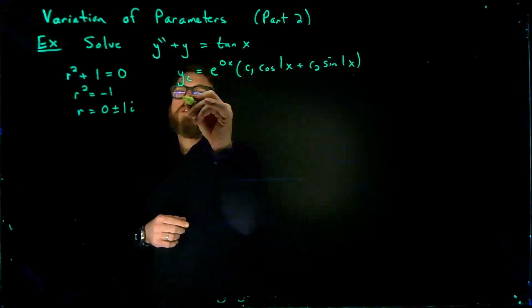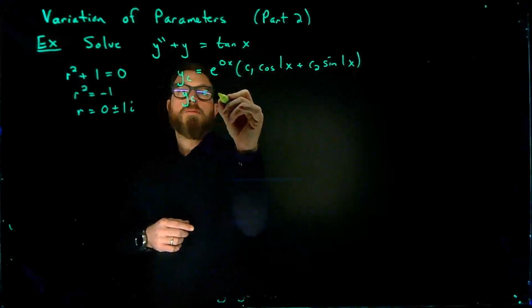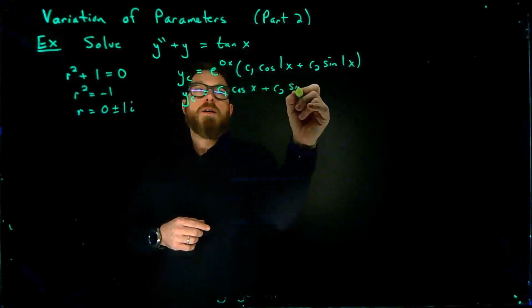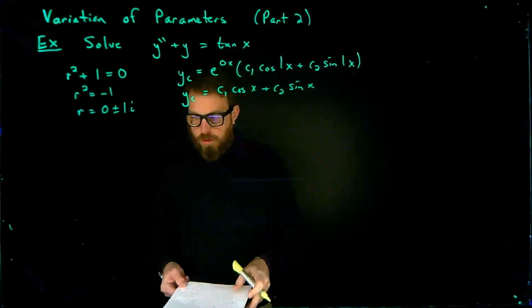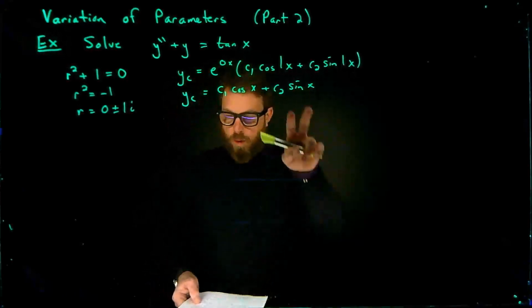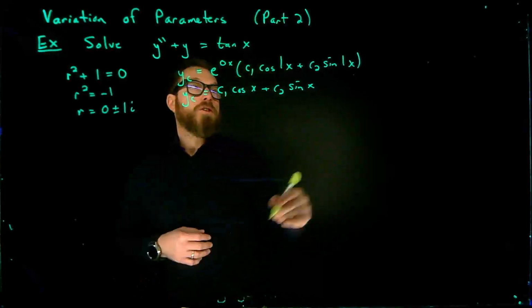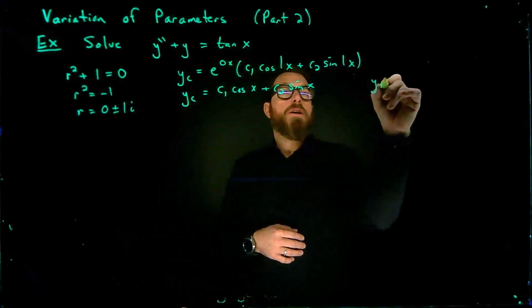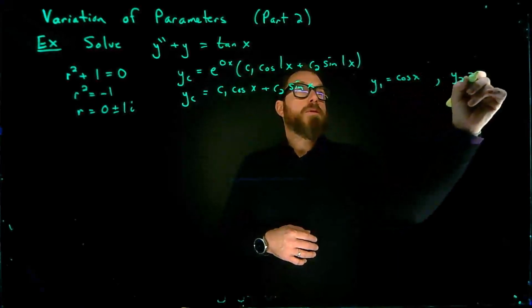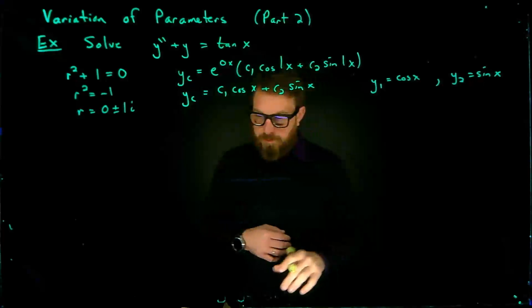So then the complementary solution is just going to be equal to c1 cosine of x plus c2 sine of x, which then is going to make our y1 the cosine function and our y2 the sine function. So our y1 is going to be equal to the cosine of x, and then our y2 is going to be equal to the sine of x.